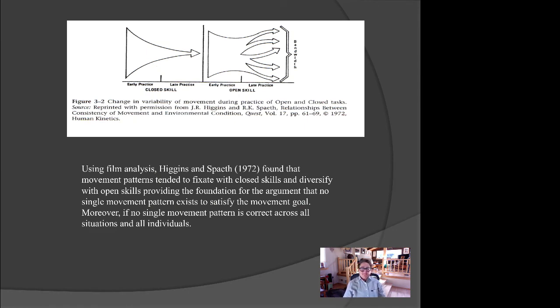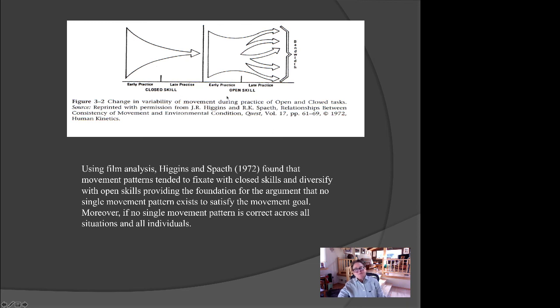And so what came out of Higgins and Spaeth's paper was this diagram. And what they showed was that early in practice, both open and closed skill performers have a large bandwidth of movement behavior. Late in practice, closed skill performers tend to fixate, while open skill performers tend to diversify their movement patterns.